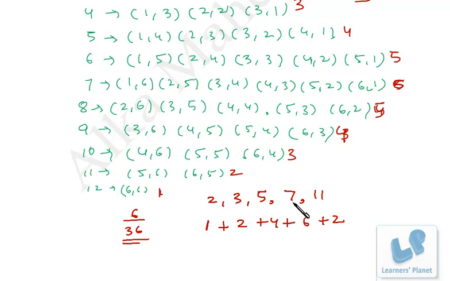So these are the prime numbers and we have these many combinations which give us the sum as prime numbers. So in all, that is 6 plus 2 is 8, plus 4 is 12, 12 plus 2 is 14 and 1, 15 by 36, right? So these are the favorable cases when the sum of digits appearing on the dice is a prime number, right?